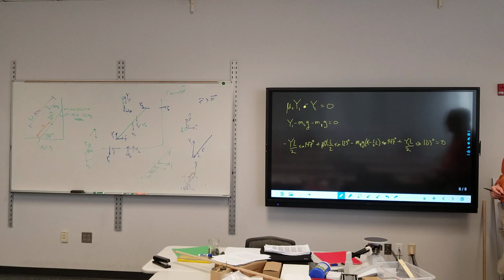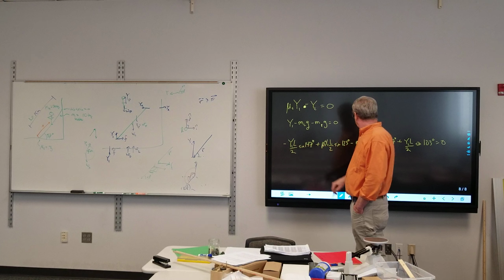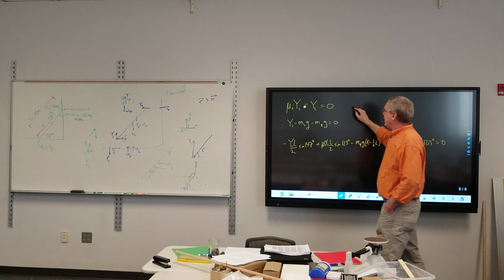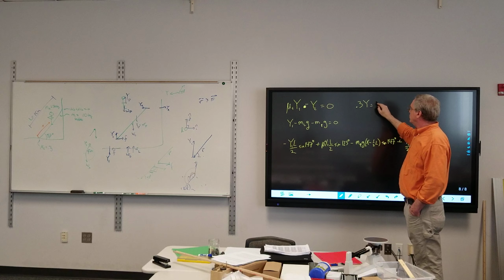Now, at what point to put in numbers is up to you. Again, it's generally recommended when you're teaching it, don't put the numbers in at the very end. However, that's sort of a mess there. Let's see how we can simplify it by putting numbers in. From the first one here, I have 0.3 Y1 equals Y2.